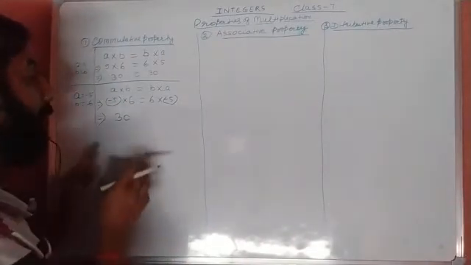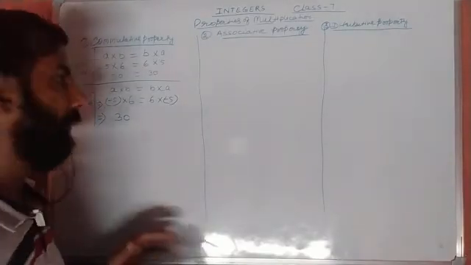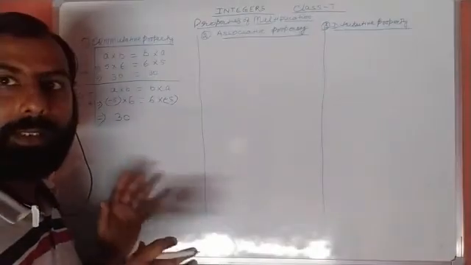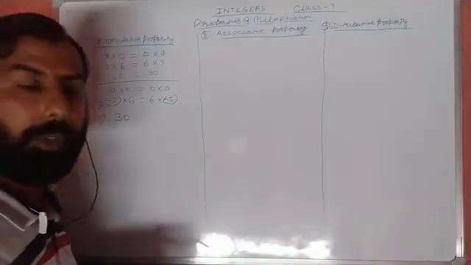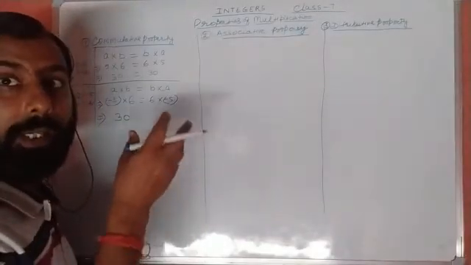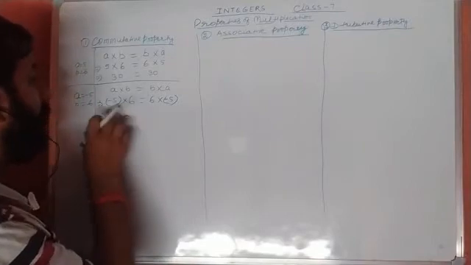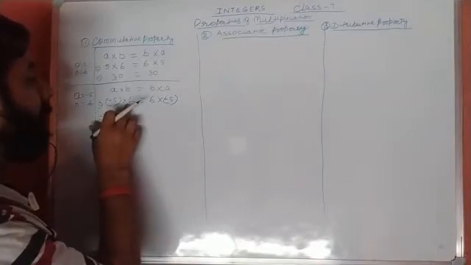But whether it will be positive or negative? In multiplication, I have taught you the sign rules in the earlier video about the signs of integers. In multiplication, minus into plus is minus.